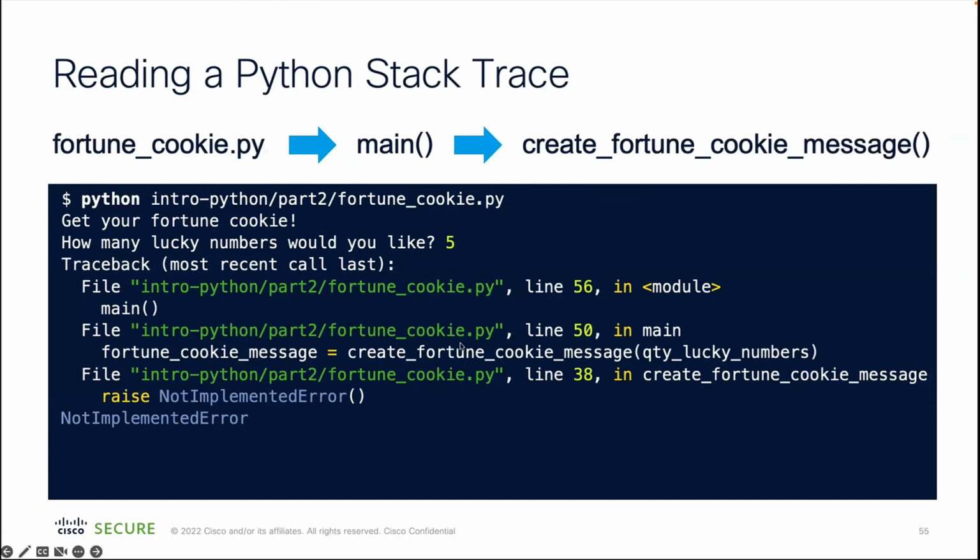Then we see the second time it appeared in line 50 and then in line 56. So the first time the error occurred was in line 38, so we need to go back to our code and review what we have in that line. This is why we have to read it from the bottom up, because that will show us the first place in our script where this error occurred.